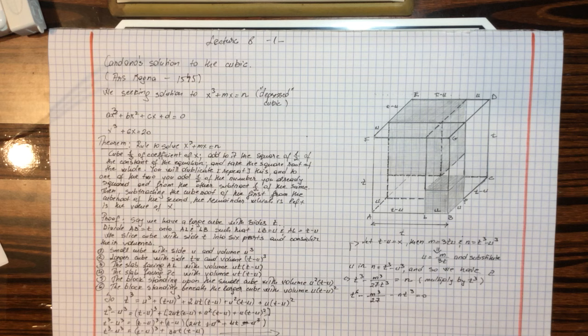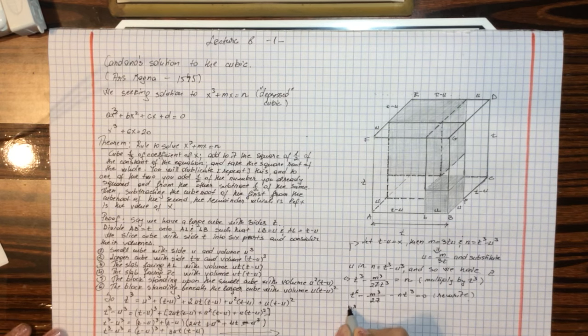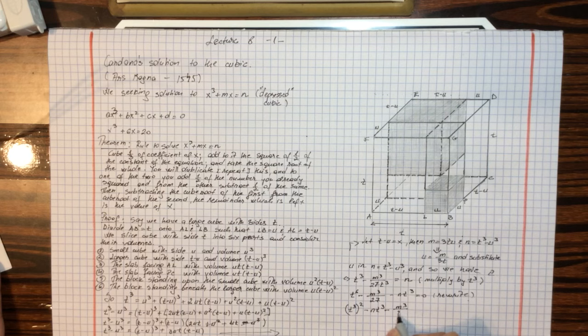But what Cardano did at this point, he rewrote t to the 6 as follows. Instead of dealing with an equation of the 6th degree, we write t to the 6 as t to the third to the power 2, minus n t to the 3, minus m to the third over 27 equals 0.